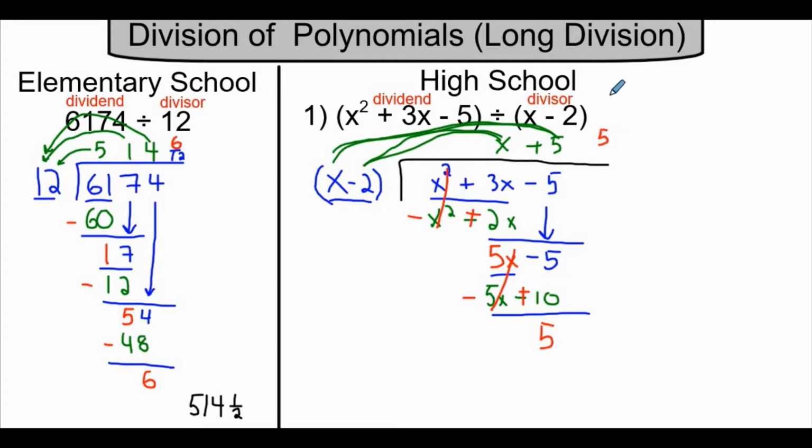And then I'm going to put on the bottom of it the divisor, which is x minus 2. Now, unlike in elementary school where I didn't need to do anything, since this is an algebra problem, I do need to put a plus here. And if it were negative, you'd put a minus. So the overall answer for this problem is x plus 5 plus the remainder divided by the divisor. And that's the easy process.